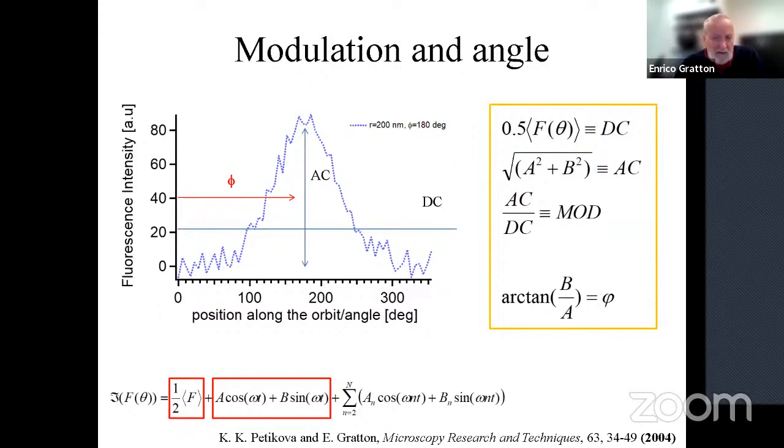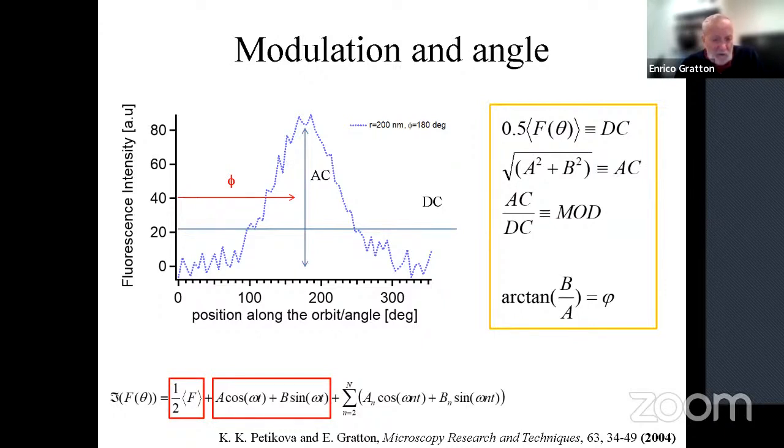So you have an AC which is given by the position of the particle, and a modulation which is also given by the position of the particle, but contains a DC. And then you have an angle, phi, which tells you where the particle is with respect to the orbit.